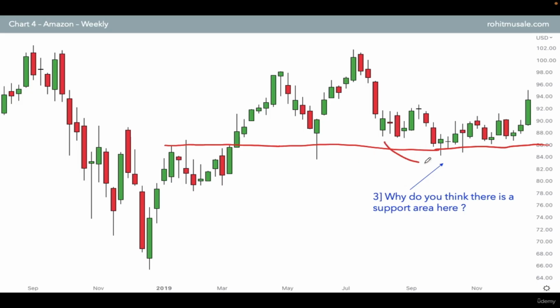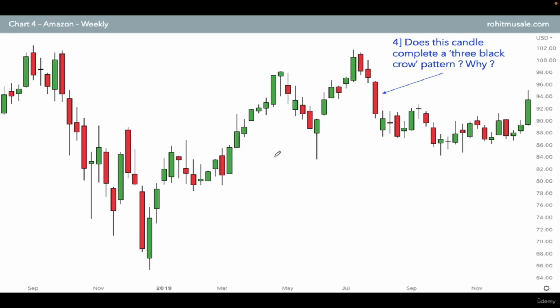That is the reason why you see some support area developing here. So basically we are looking at COP, change of polarity.